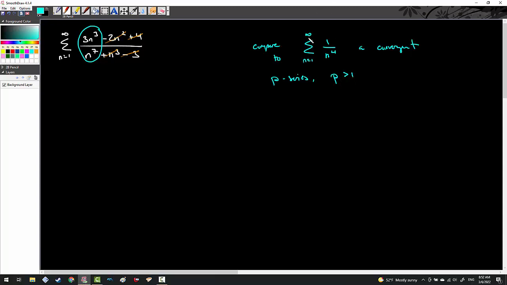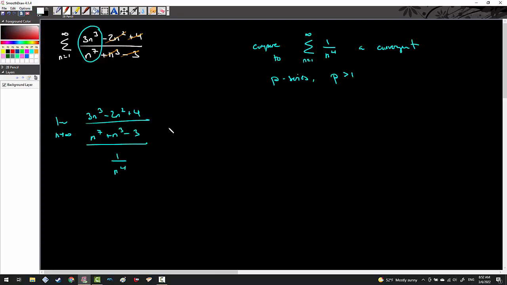So what I've got here is now, instead of trying to figure out which one's larger than the other, because now it's going to be kind of crazy, I'll do the limit as n goes to infinity of (3n cubed minus 2n squared plus 4 over n to the 7th plus n cubed minus 3) divided by 1 over n to the 4th.